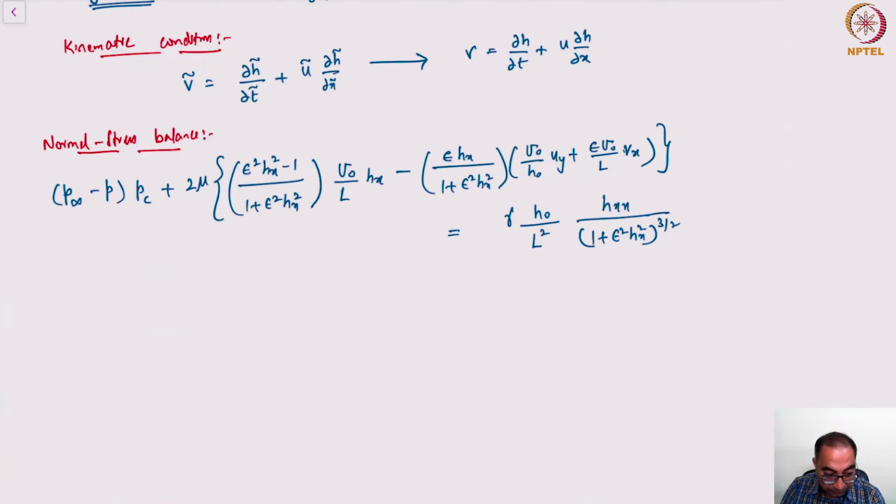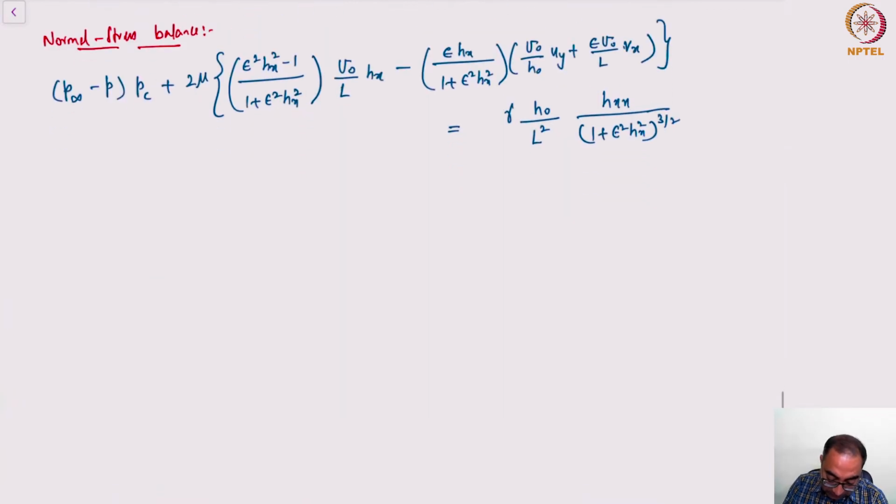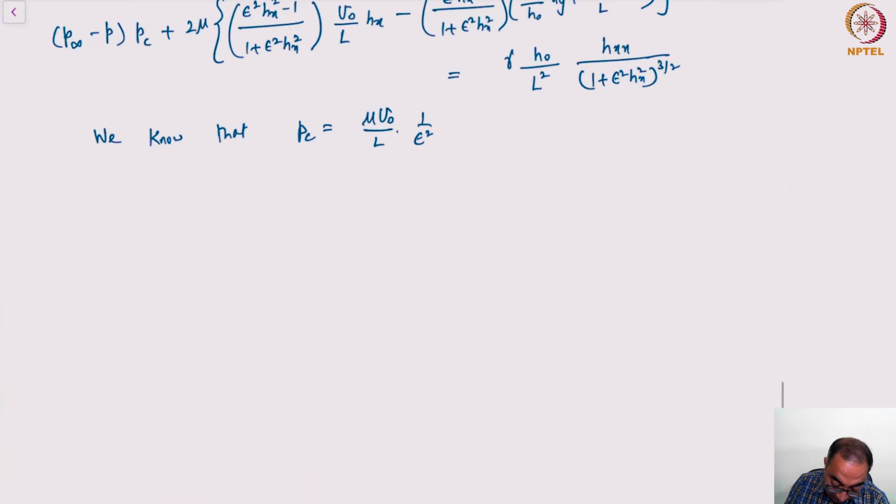So now we will use, we know that the scale for pressure would be mu u naught by L into 1 by epsilon square. Let's make use of this. What do we have here?